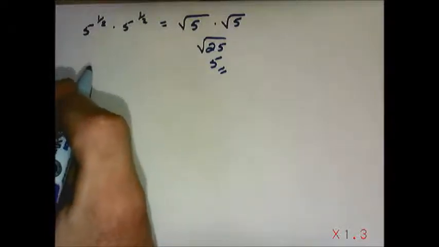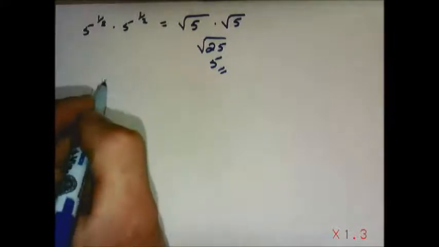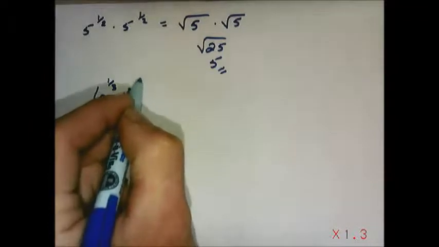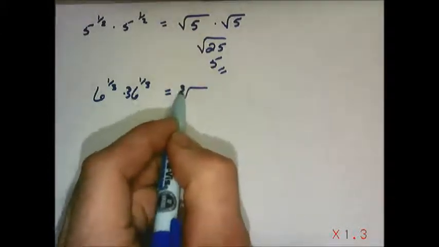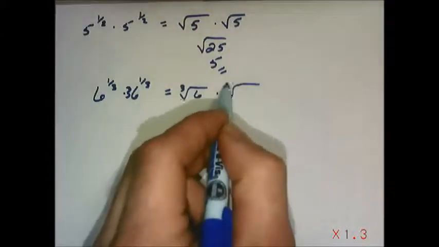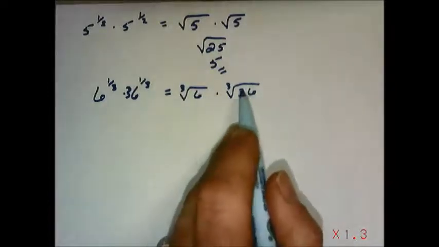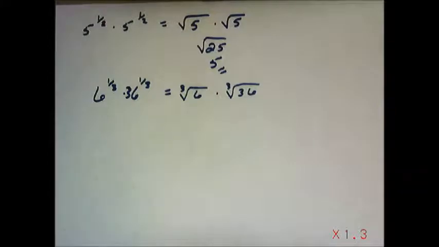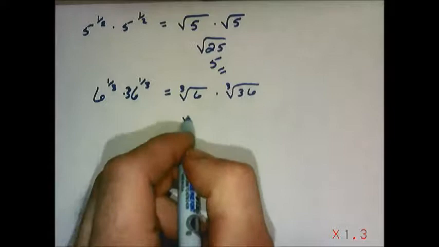We can take another look at another example. If we take 6 to the 1/3 power times 36 to the 1/3 power, here we have the third root of 6 times the third root of 36. If I were to multiply 6 and 36, I get a rather large number. So instead, let's think about 36.